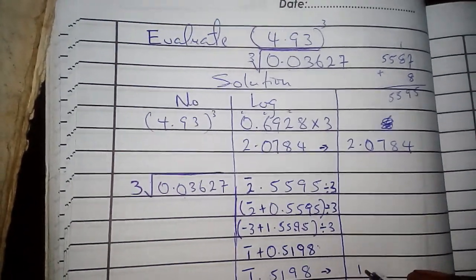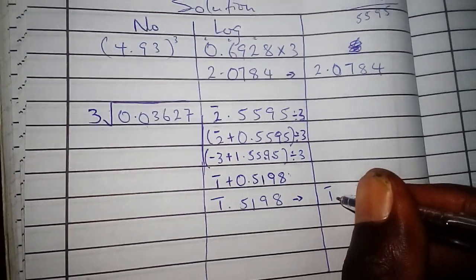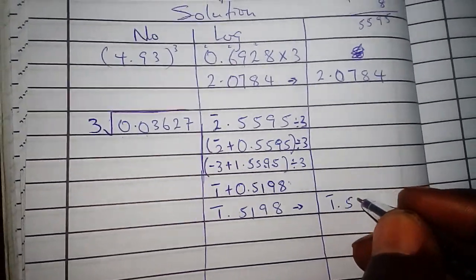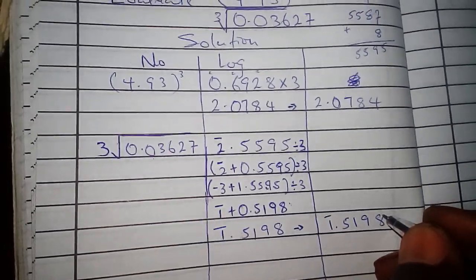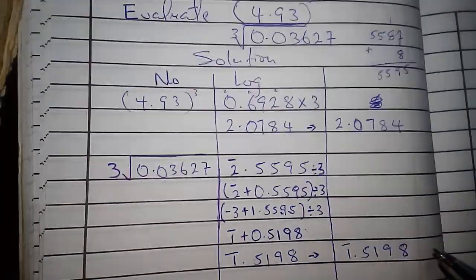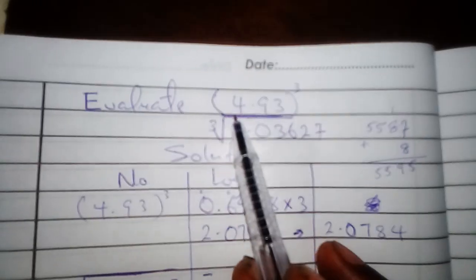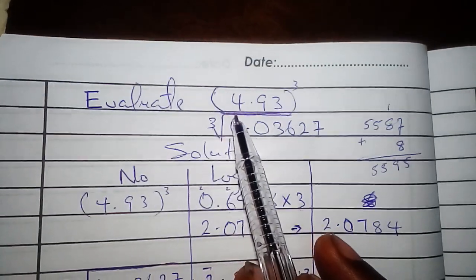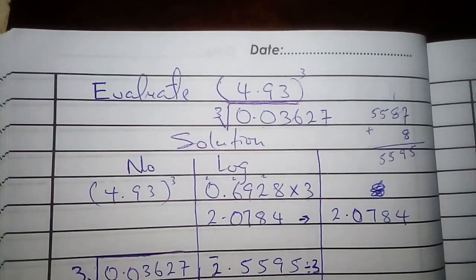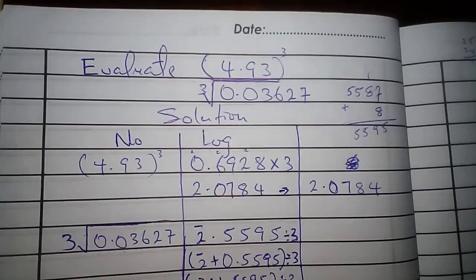We can now do it holistically. Okay, about 1.5198. Here we have division. Yes, and division in logarithm is what? Minus. So minus these two numbers that we have. I'm going to minus them.